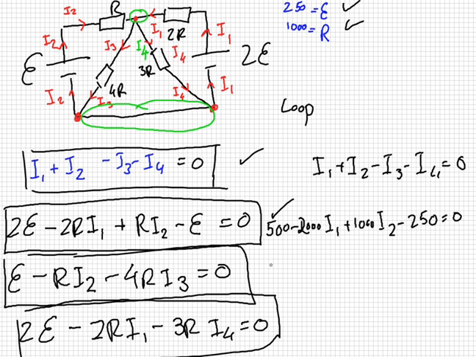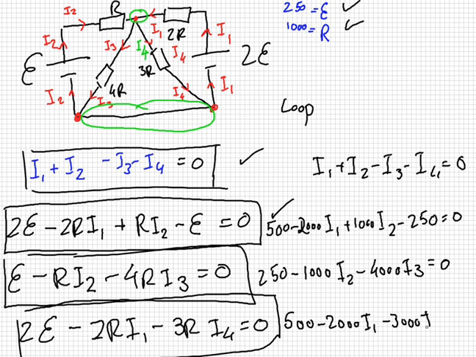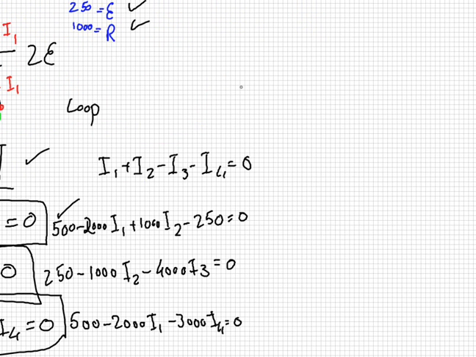So we could divide by 250. This one here, 250 minus 1000 I2 minus 4000 I3 equals 0. 500 minus 2000 I1 plus, nope, minus 3000 I4 equals 0. So I will divide by 250. So this is I1 plus I2 minus I3 minus I4 equals 0.